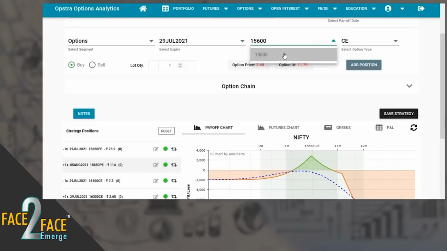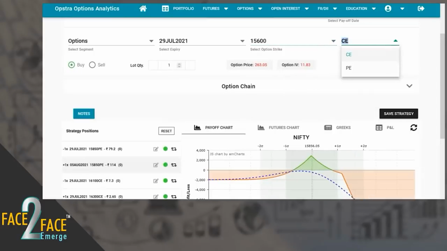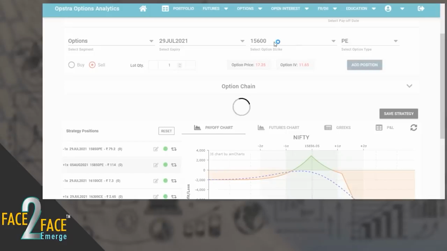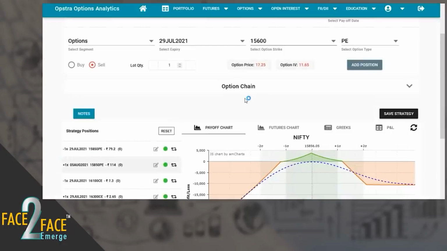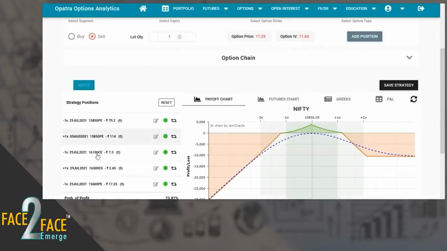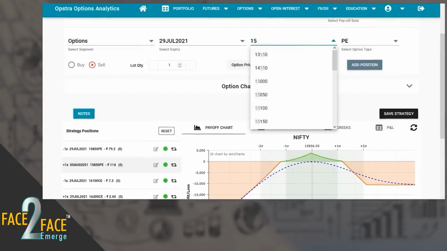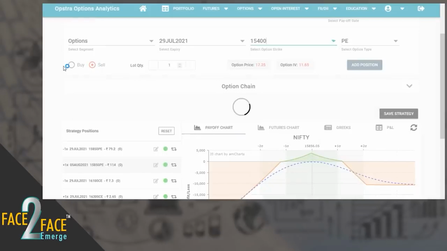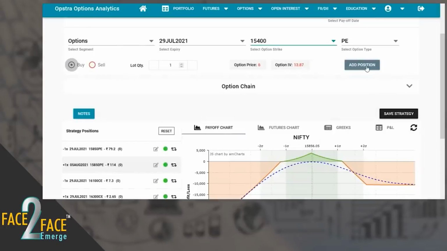So we will go to 15600 and short that option for 17 rupees. And we will keep the same distance. Here we have kept a gap of about 200 points. So here also we will go 200 points lower, which is 15400. We will go and buy that option.